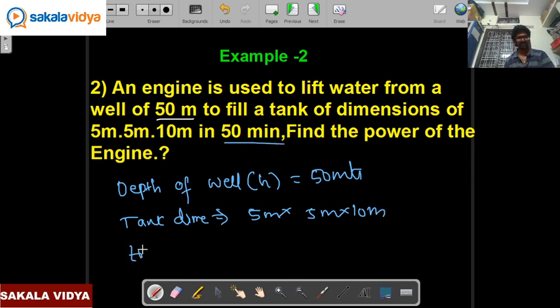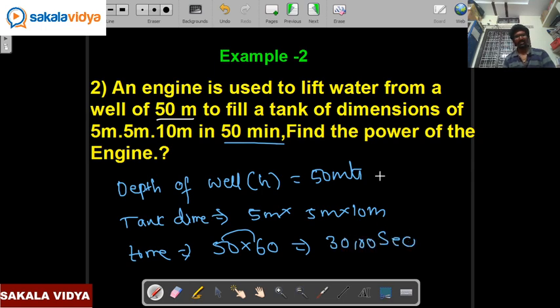We have to multiply with 60 in order to convert it into seconds. 5 sixes are 30, 2 zeros, so 3000 seconds. Find the power of the engine.